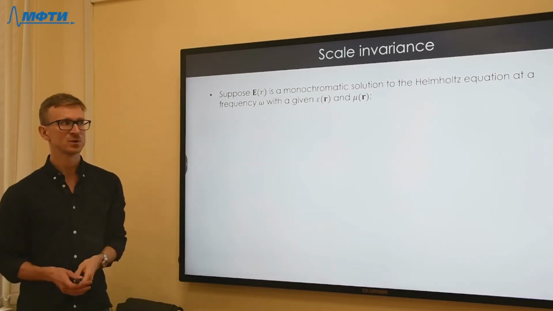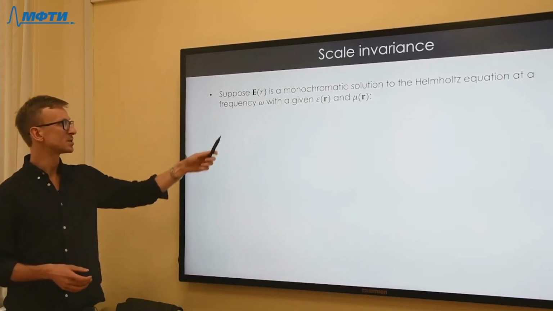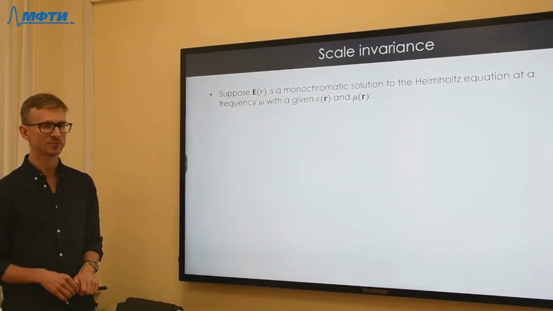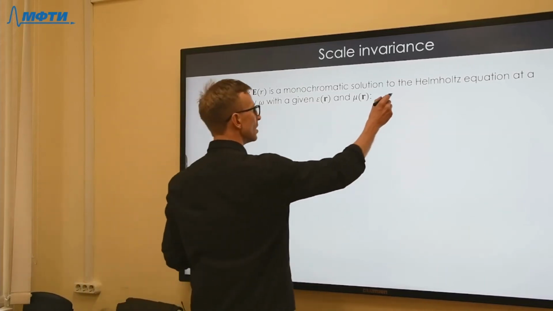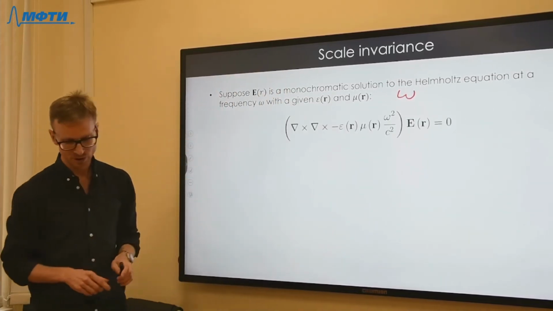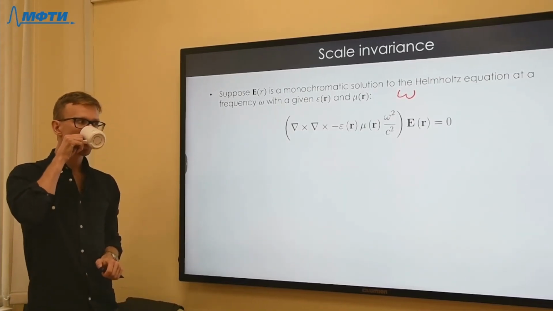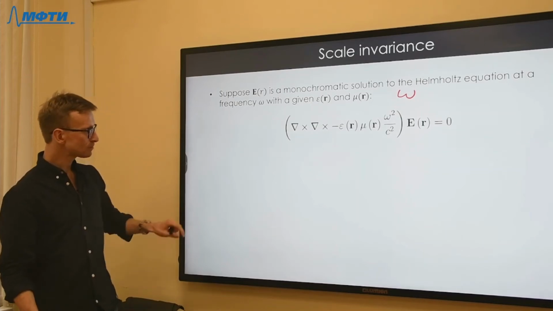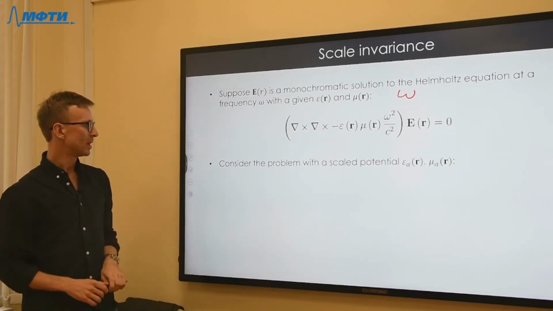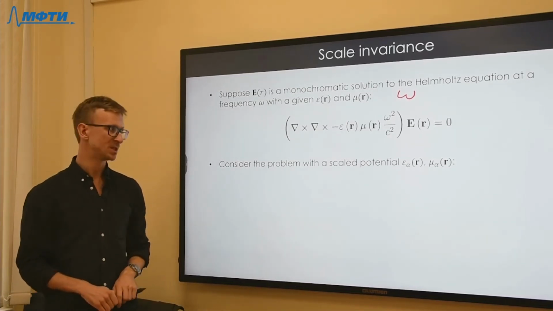Let's say we have a certain system with certain permittivity and permeability, and E is a solution of that system of the monochromatic Helmholtz equation at some frequency omega. So this equation is satisfied with our field E. Now let's consider the scaled permittivity and permeability.